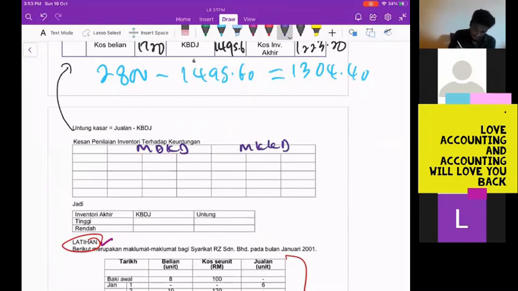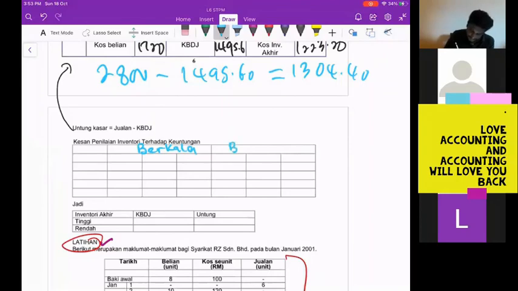We have jualan and cost barang dijual. Oh, I'm so sorry, salah. This is berkala.